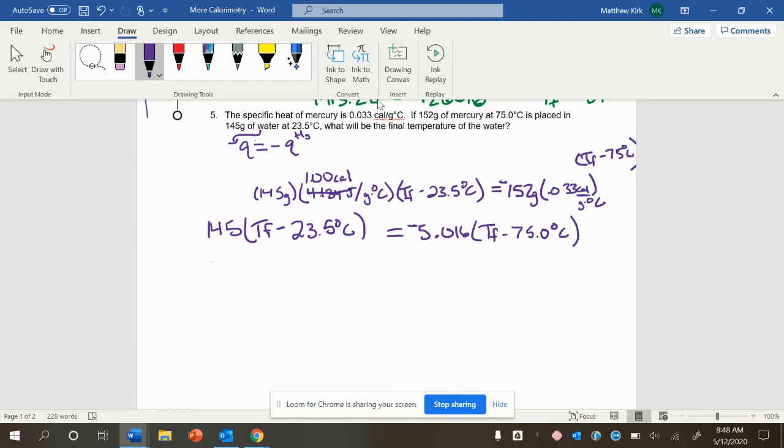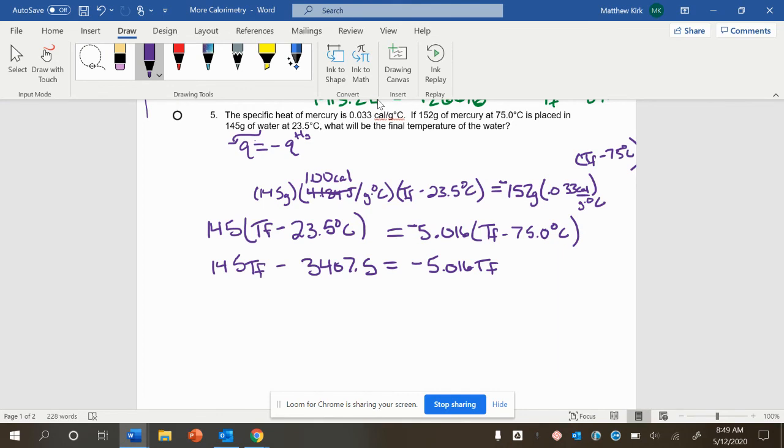Now let's distribute. So I get 145 TF minus 145 times 23.5, 3407.5 is going to equal negative 5.016 TF. And again, don't forget that negative sign will distribute.